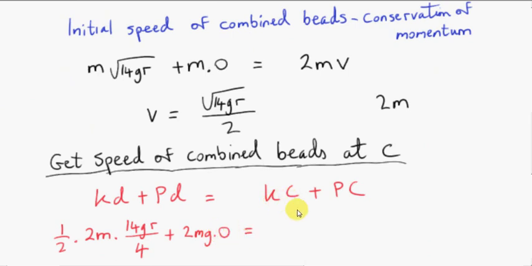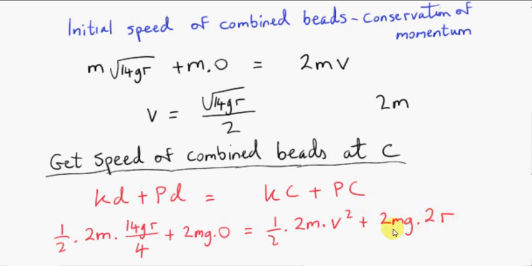Okay, now let's get the kinetic energy at point C. So it's a half times the mass, which is 2m, times v, some v that we're going to try and determine, plus the potential energy. Well, that's the mass 2m times g times the height above the reference level, which is 2r.